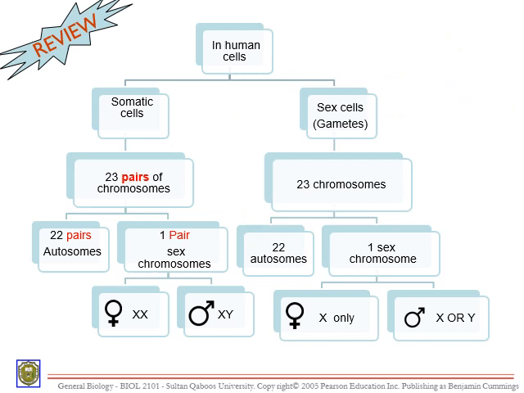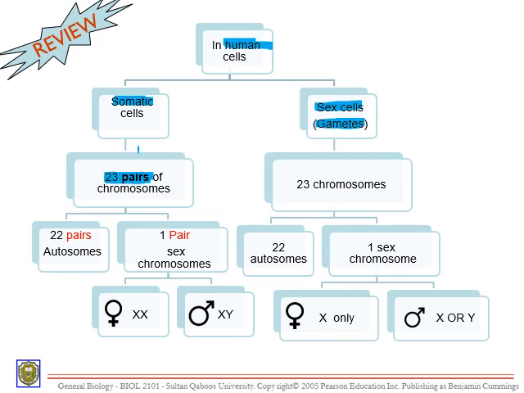Alright, ladies and gentlemen, let's have a review of what we have covered so far in the lecture. Okay, so in human cells, we have somatic cells and we have what? Sex cells, or we call them gametes. Now, the somatic cells will have 23 pairs of chromosomes. Pairs. Remember pairs?